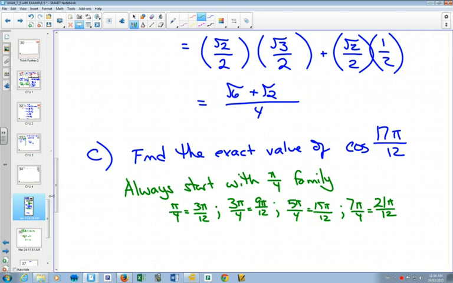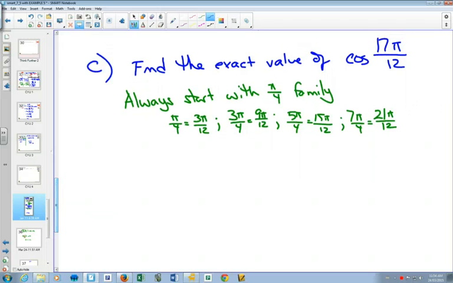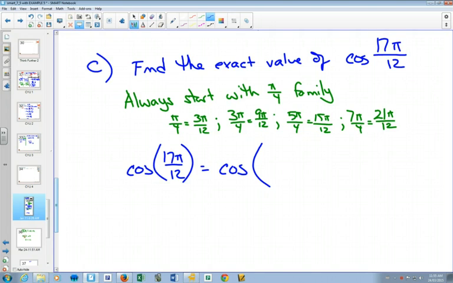So for cos of 17 pi over 12, randomly pick, if you want, one of those pi over 4 families. They will all work. Which one do you want to pick?